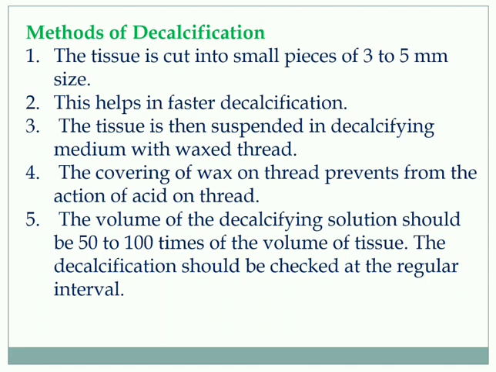The volume of the decalcifying solution should be 50 to 100 times the volume of the tissue. The decalcification should be checked at regular intervals. Here, the points to note are that the tissue should be about 3 to 5 mm in size and the decalcifying solution should be 50 to 100 times the volume of the tissue.